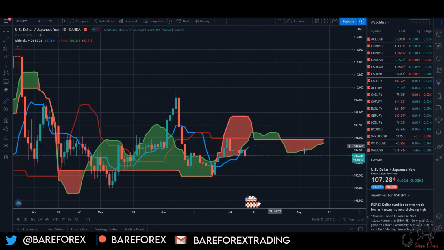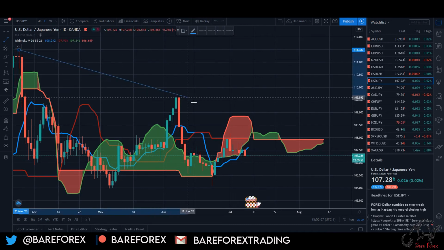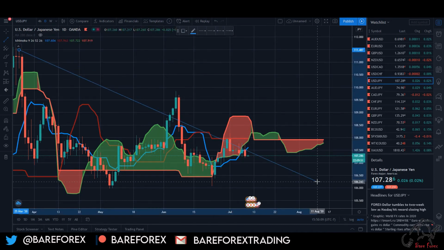Now, this part of the cloud here is basically telling you that it should be coming down. Okay, see how this is all red here? So it's saying that the market should start trending downward. Now, all you have to do is grab, say, one of these lines here, and the line agrees. It's a downtrend.